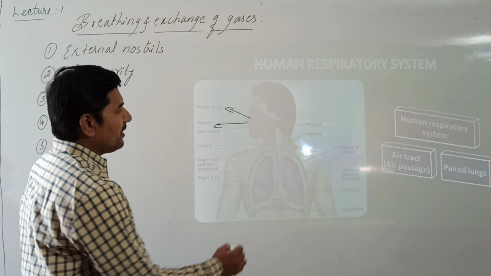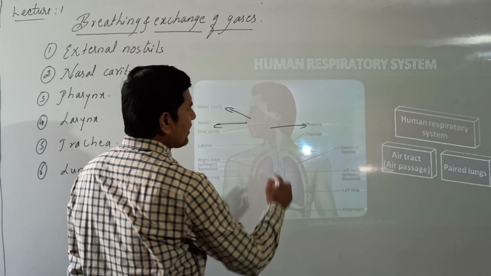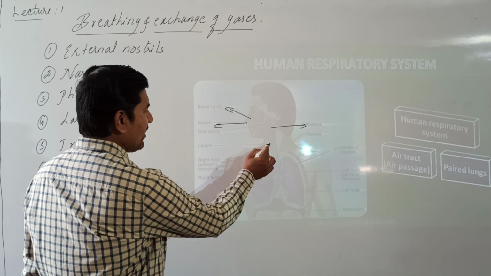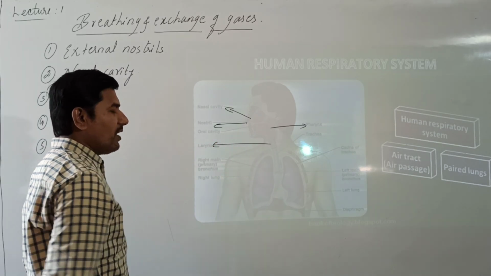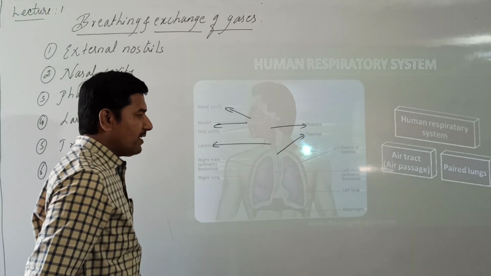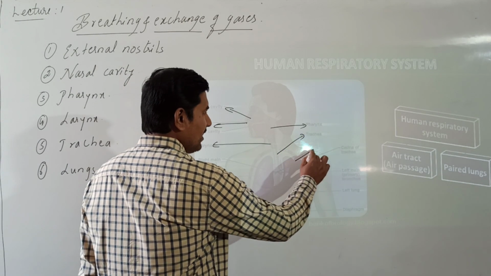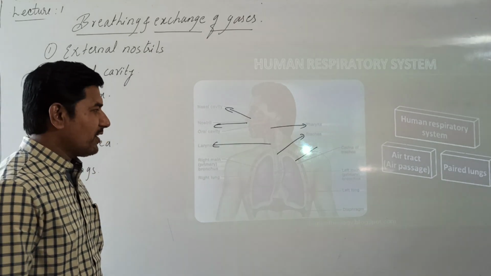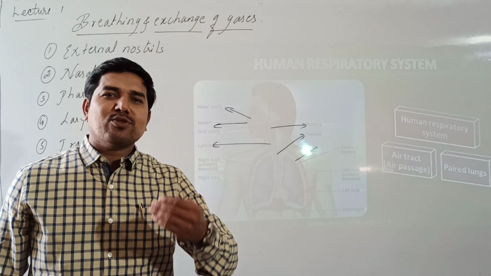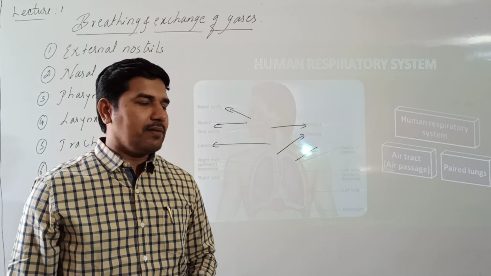Third comes a small region called the pharynx. Then the next region, larynx. Then comes trachea. After that these are the lungs. A pair of lungs are present. So these are the parts of a human respiratory system.